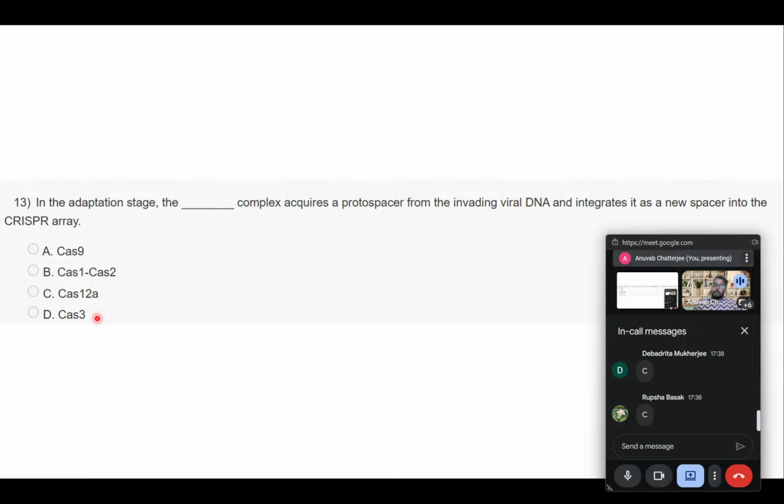Which of the Cas proteins helps in adaptation of the CRISPR-Cas9 system to the virus? You can put in what you think is the correct option.